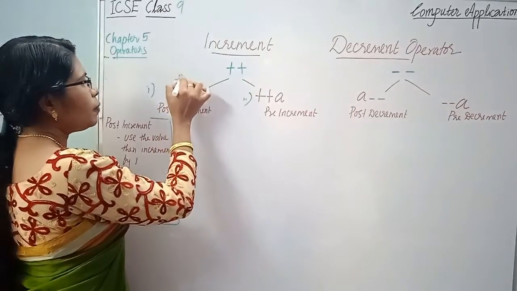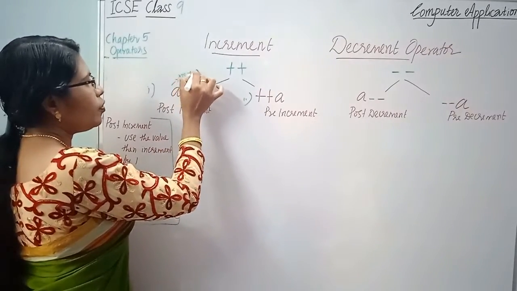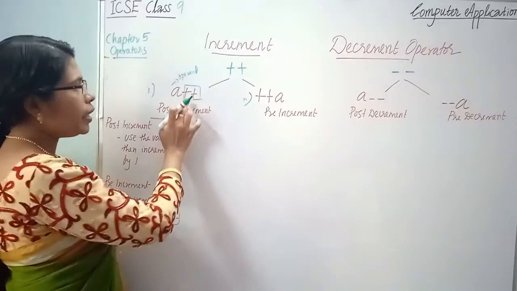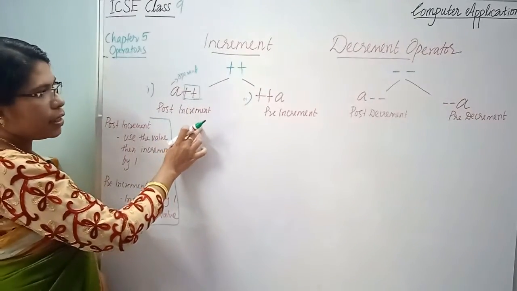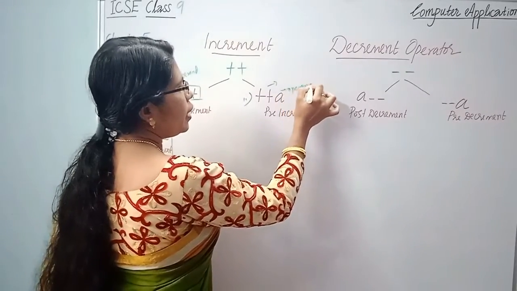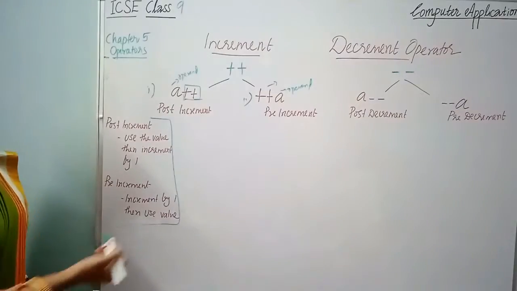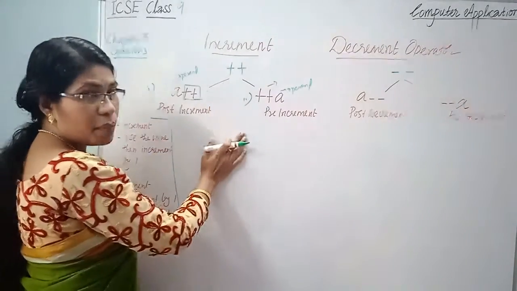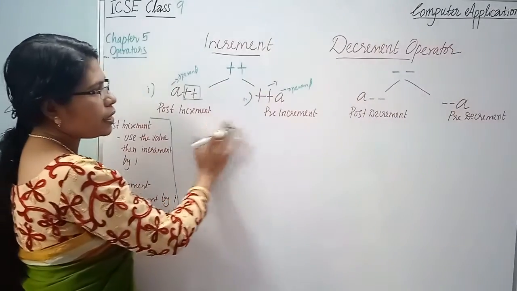This is an operand. So after the operand, we specify the operator in post increment. In pre increment, first comes the increment operator, then the operand. So these are the two versions we represent in the increment operator, a plus plus and plus plus a.